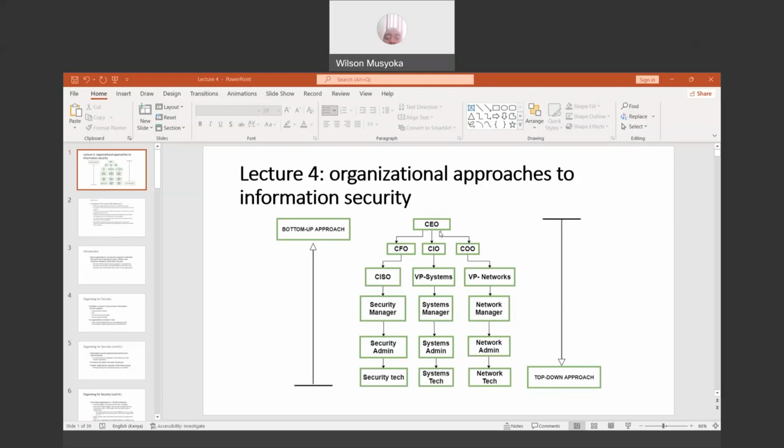And once it has the organization management support, it means that funding is provided, and cascading the security policy across the organization is going to be easy, and managing how the security is implemented is going to be easy. So that is why we say that the approach will look at each department in terms of benefits.